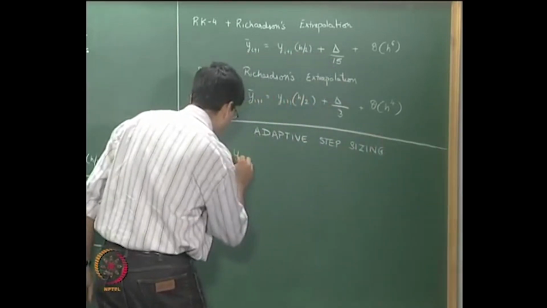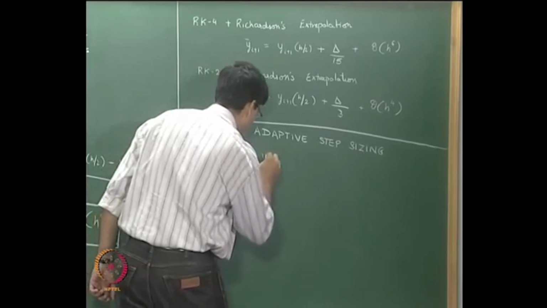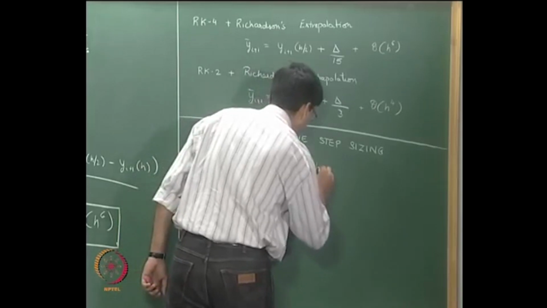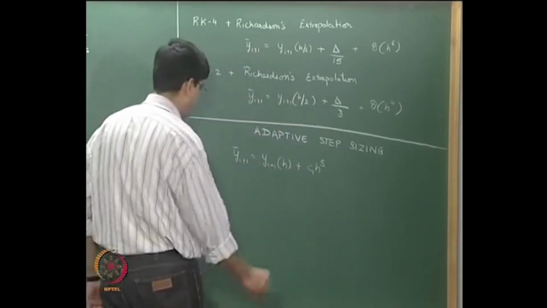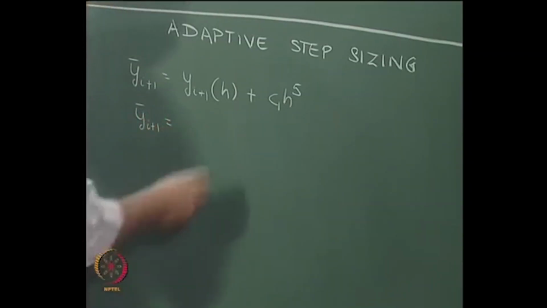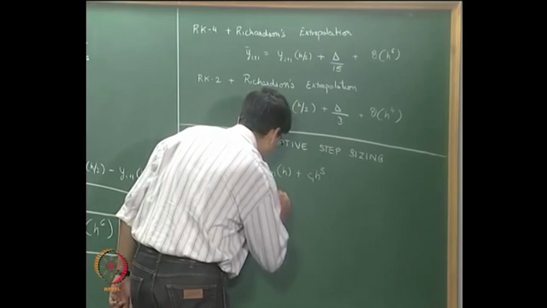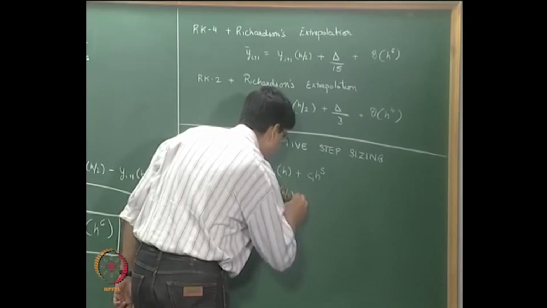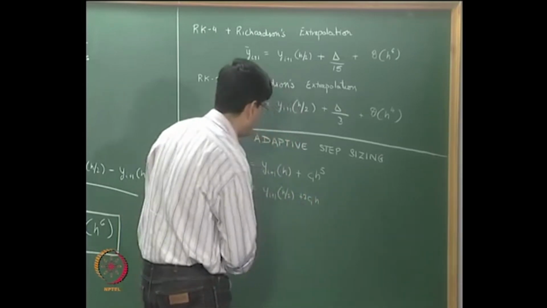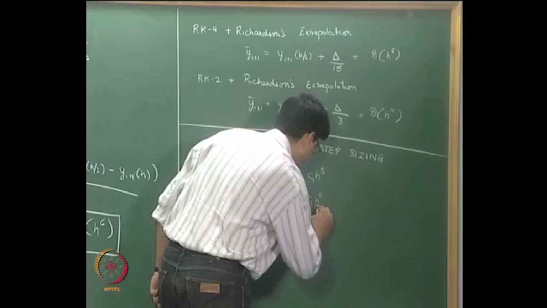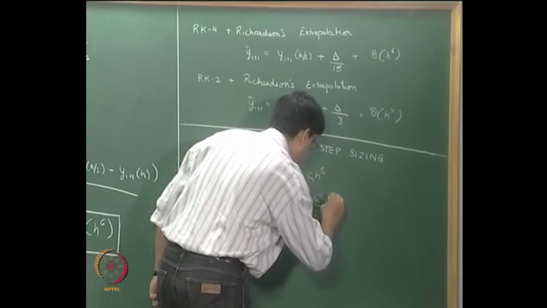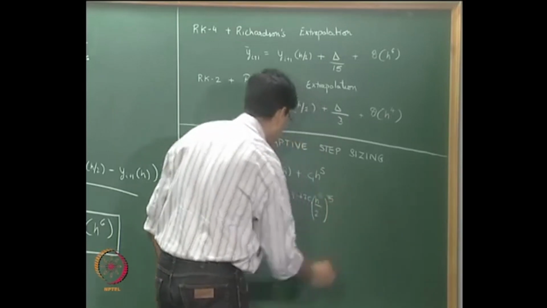Okay, so y i plus 1 bar is y i plus 1 computed with h plus c1 h to the power 5. Y i plus 1 bar is also equal to y i plus 1 computed at h by 2 plus 2 times c1 times h by 2 to the power 5.